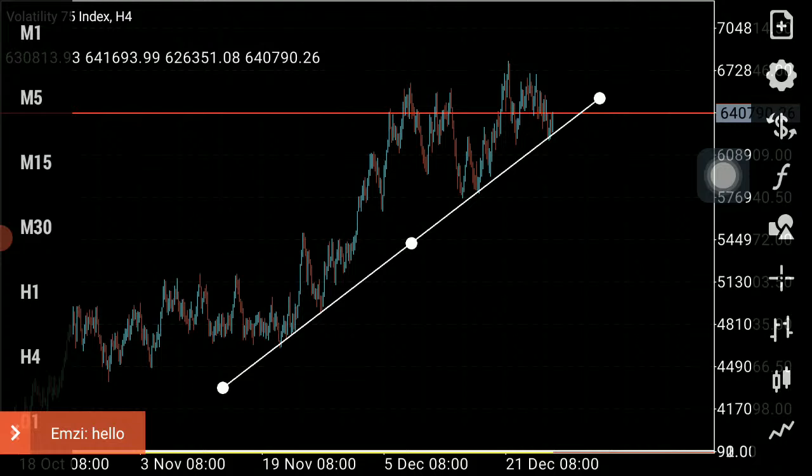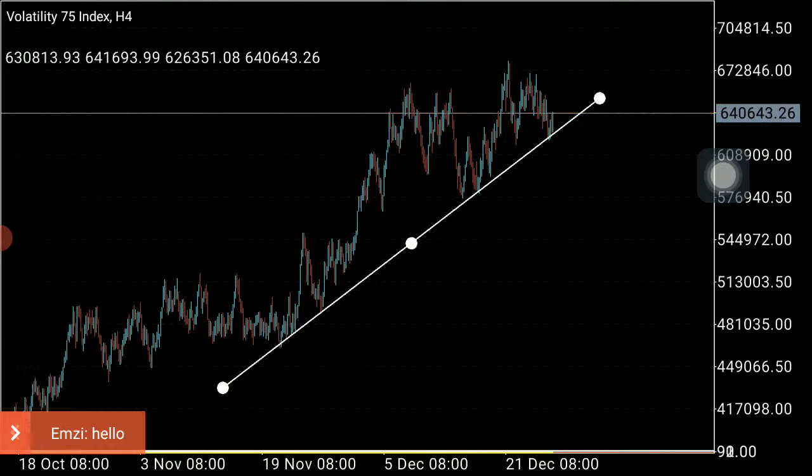All right, now the next thing you want to do is to spot out your possible support and resistance levels.